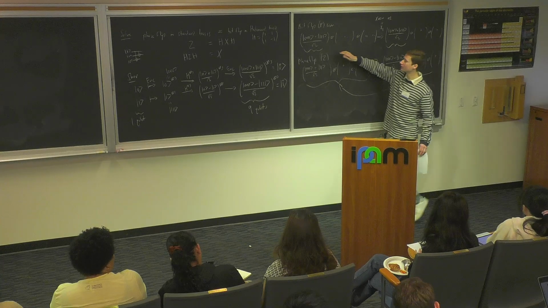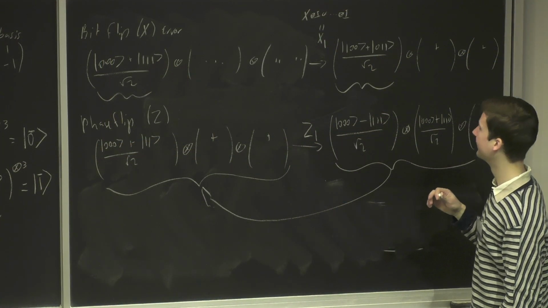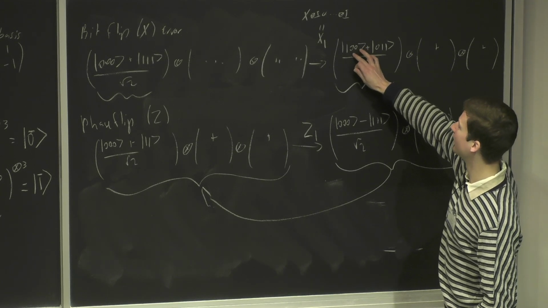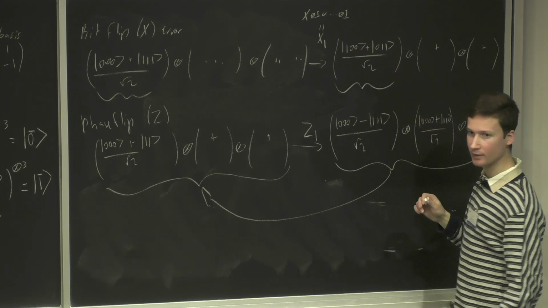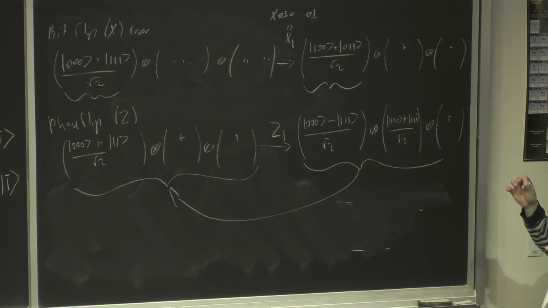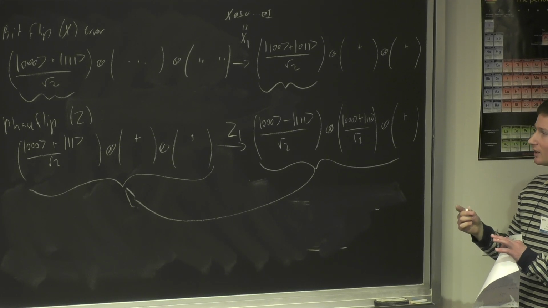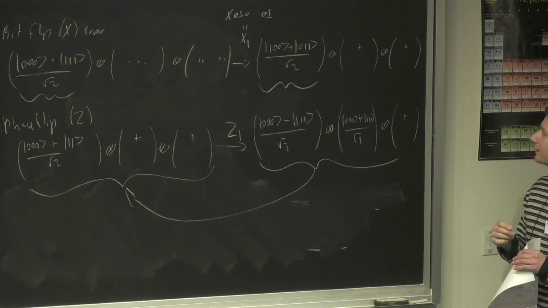Because in all the true code states, the first 2 qubits have the same value in the computational basis. Whereas after a bit flip, they have different values. It's like 1, 0 or 0, 1. But there's this weird duality thing going on where if you want to measure in the standard basis, like if an X error occurred, we're actually going to need to measure a Pauli Z operator.